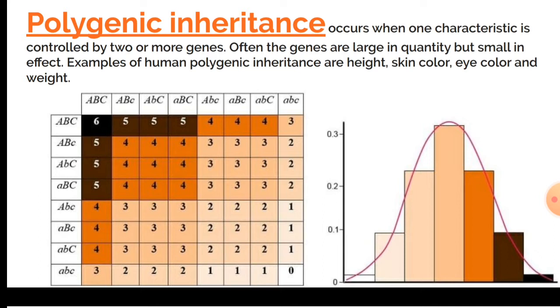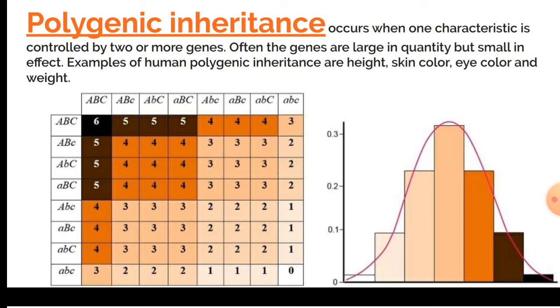On your screens you can see the numbers here, representing the number of the genes. Here you see capital ABC, and on the other side again capital ABC. These are the gametes formed by the male and the female parent. It shows how many dominant genes are present. The numbers 6, 5, 4, 3 show the number of dominant genes present in the combination of these different gametes.